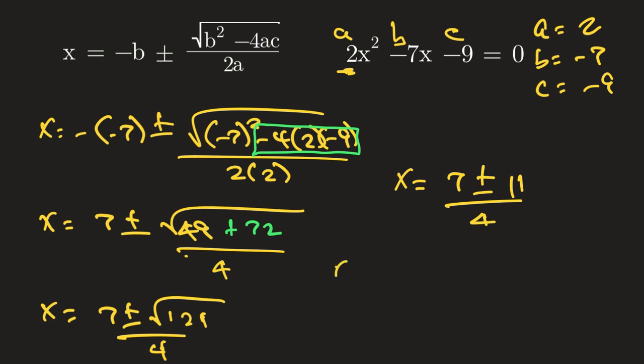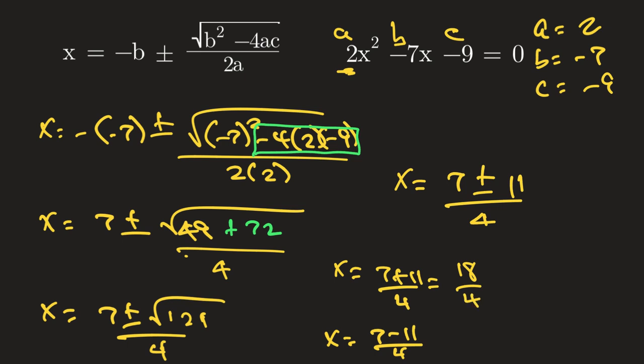Here's our two answers. X equals 7 plus 11 over 4 and 7 minus 11 over 4. Guys, what's 7 plus 11? 18 over 4.